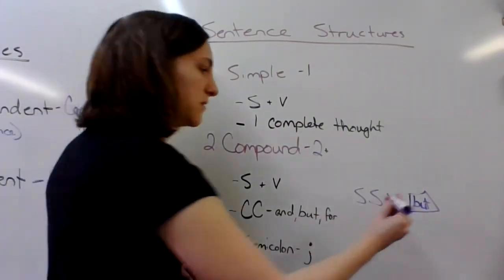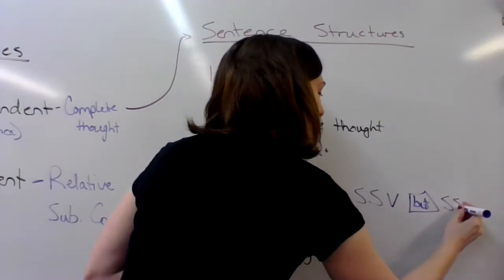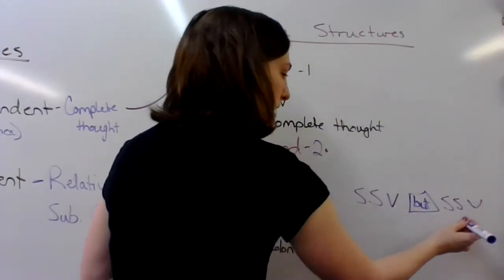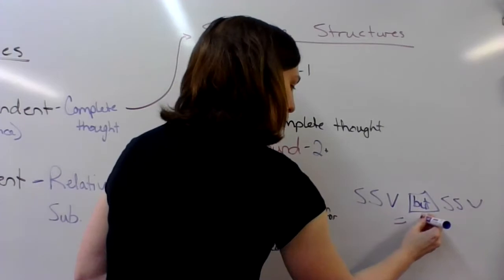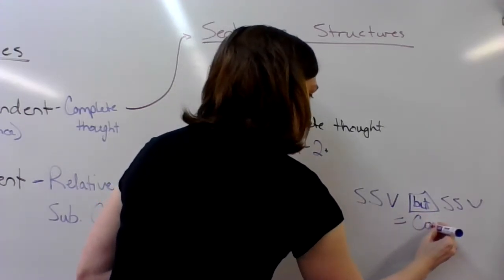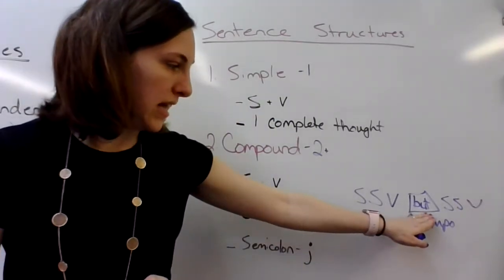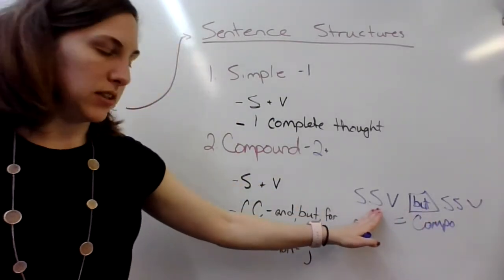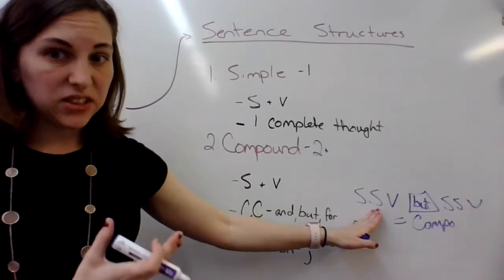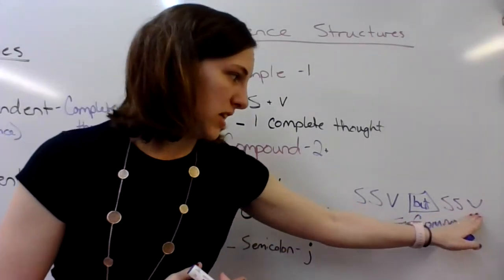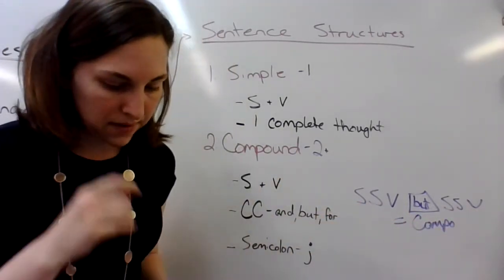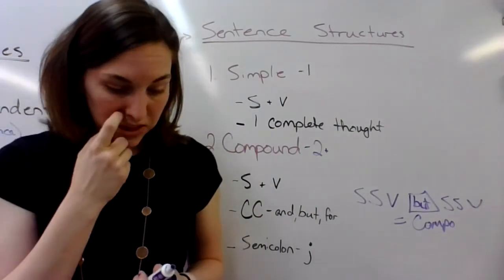And then we have subjects and verbs on the second side. 2 subjects, 1 verb. That means it equals a compound sentence, because we have the coordinating conjunction and we have a sentence on one side and a sentence on the other side, making it compound. And that's the whole thing that they want you to put in the blank.